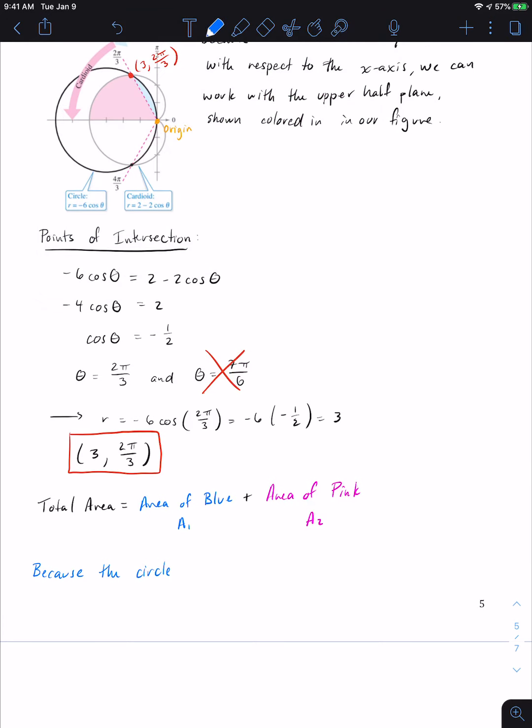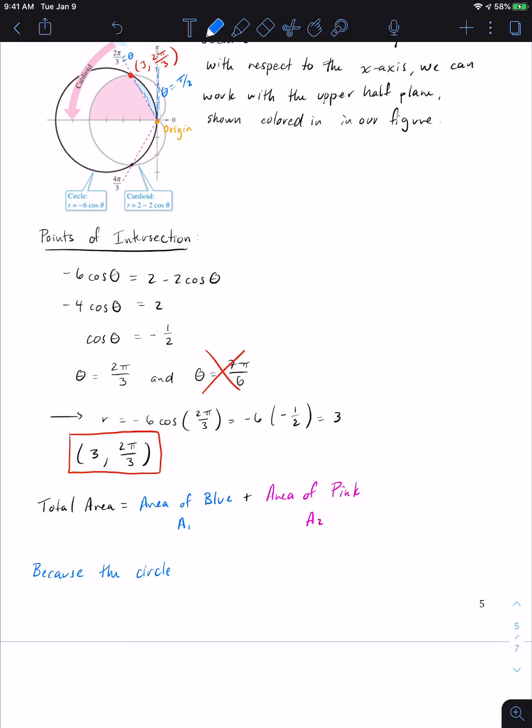Notice that I'm going to start here at the radius 0 and theta. This vertical line is where I'm starting, which is pi over 2. So I start with the theta that's pi over 2, and then I go to the theta that is 2 pi over 3.